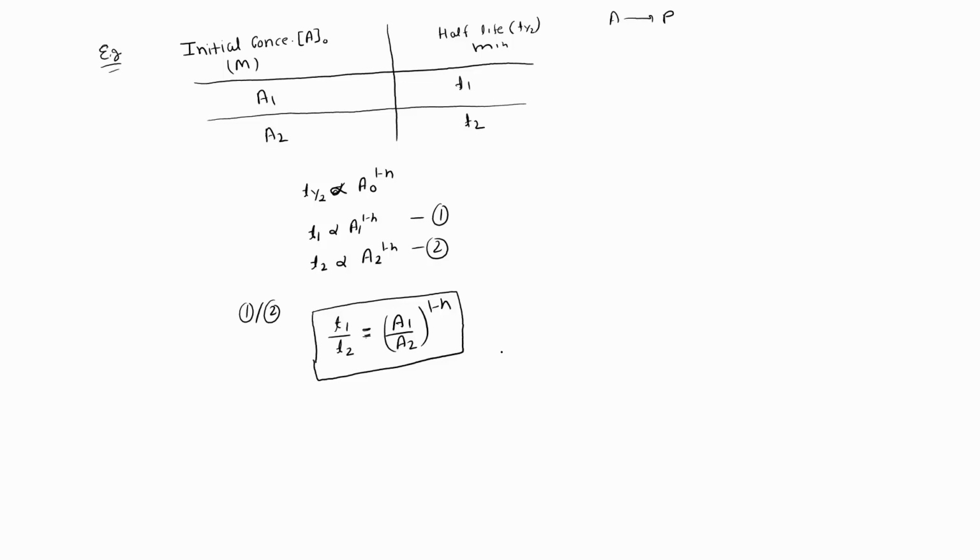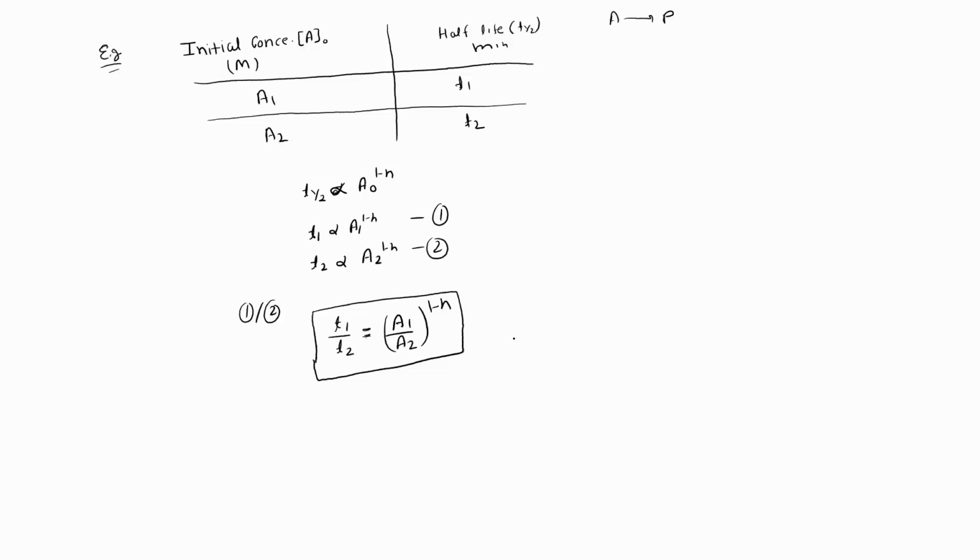So first of all, how do we know whether we have to solve a question using the half-life method, graphical method, integrated rate law method, or initial rate method? You have to determine what data is given. If data is given in terms of half-life, use the half-life method. If data is given in terms of a rate expression or initial concentration and rate, you have to use the initial rate method.